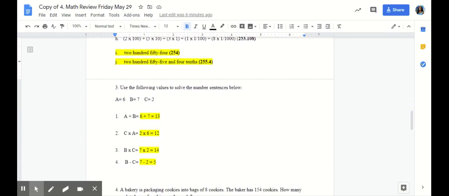Number 3, use the following values to solve the number sentences below. A equals 6, B equals 7, C equals 2. You're going to replace each letter with the value.